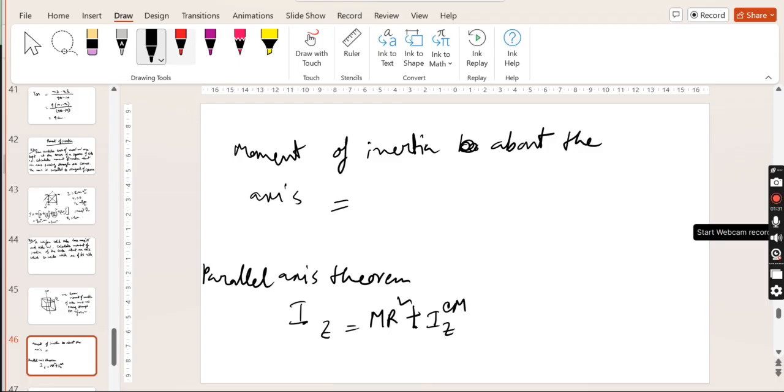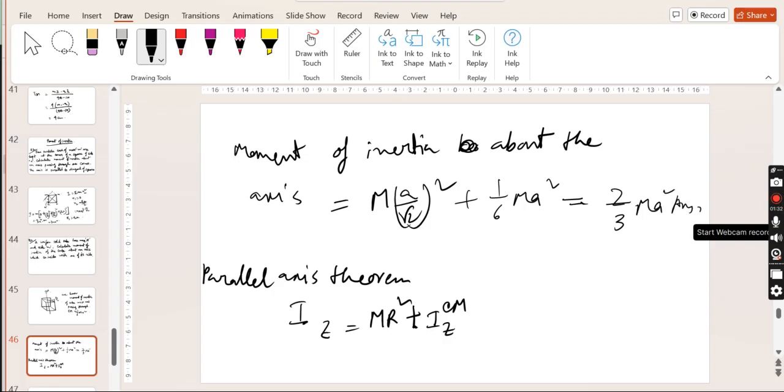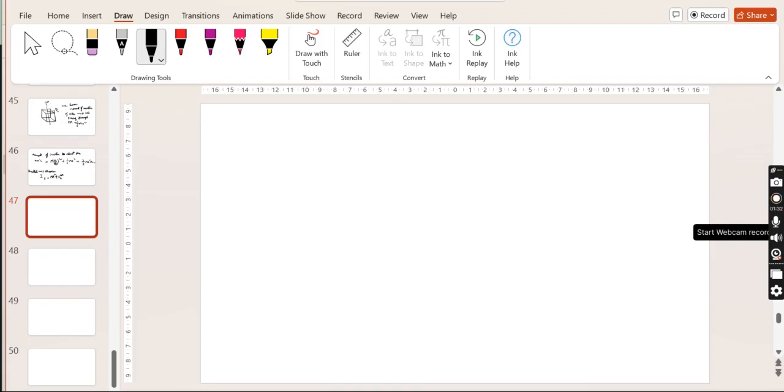So that would be m A by root 2 whole square plus 1 by 6 m A square. So that will be 2 by 3 m A square. That is the answer. Now question 3.